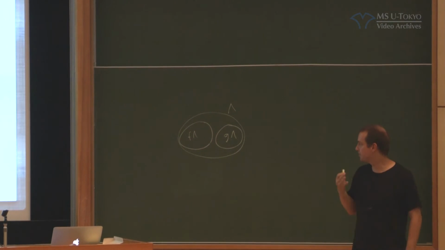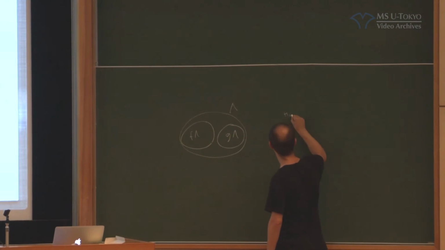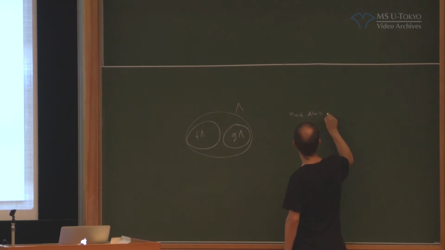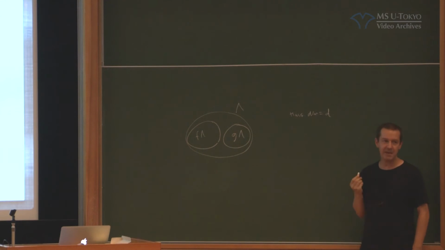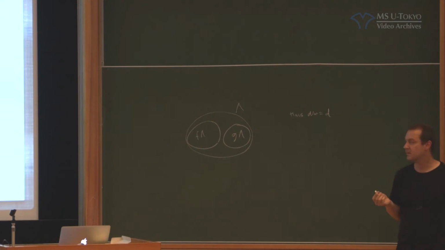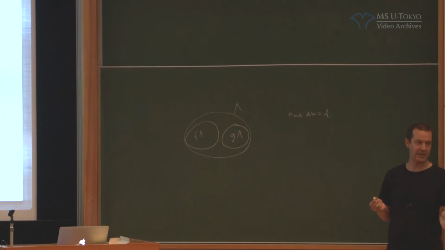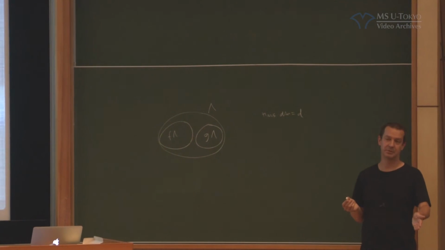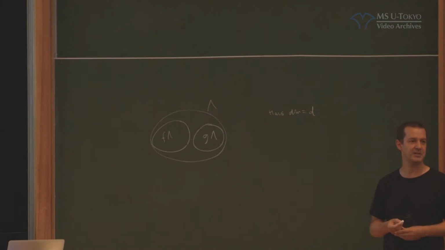And let's suppose that the Hausdorff dimension is D. What does it mean to say the Hausdorff dimension is D? Well, the Hausdorff measure of the set is defined for any dimension, but it might be 0 and it might be infinity. There's a crucial point below which it's always infinity, and above which it's always 0.